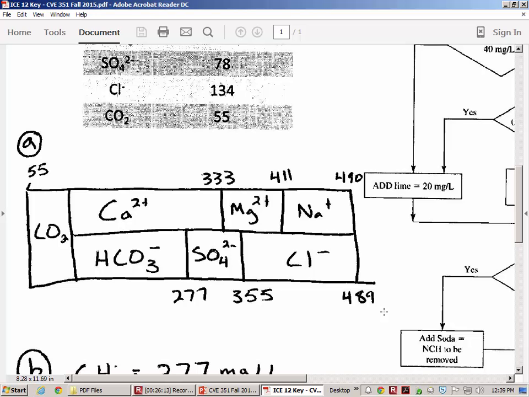Okay, so in part B, it's asking what is the carbonate hardness, our initial carbonate hardness before we soften. So CH sub I is going to be 277 milligrams per liter. And then in part C, what did you get for our initial non-carbonate hardness?